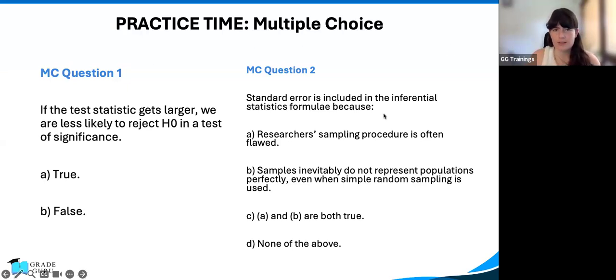All right, question 2. Standard error is included in the inferential stats formulae because... Okay, guys, B is the correct answer. So I want to ask Julia, why did you say C?